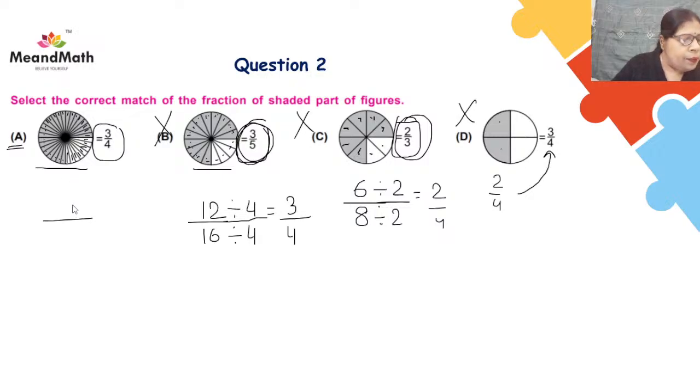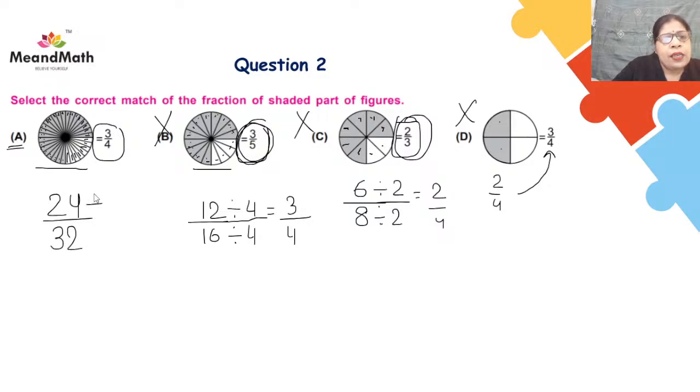So number of parts done is 32. And let's see how many parts are shaded. Okay. So number of parts shaded is 1, 2, 3, and so on up to 24. So we have 24 parts shaded.